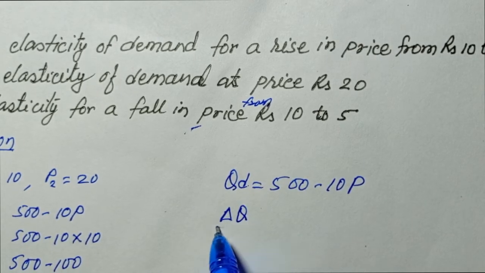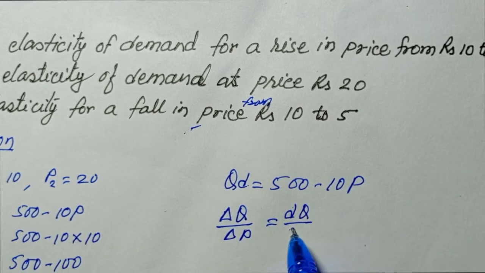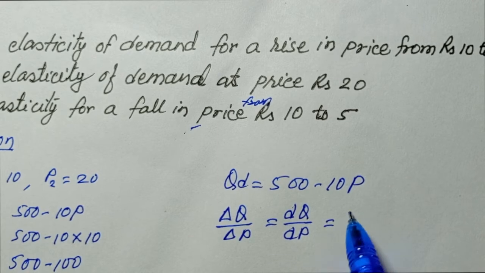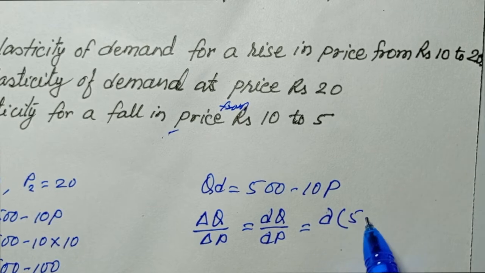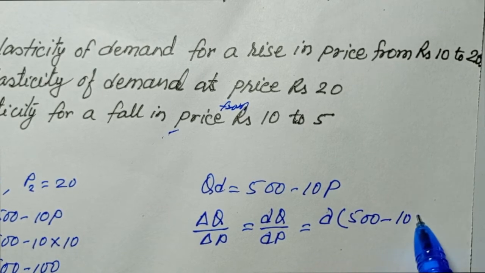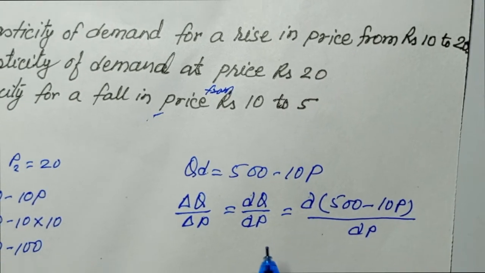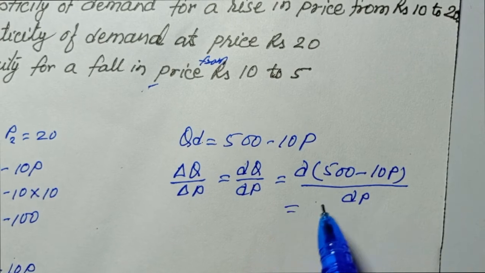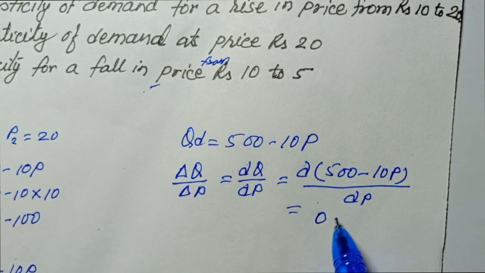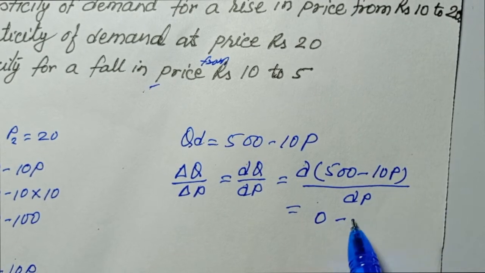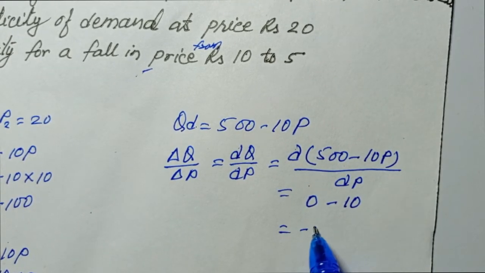delta Q by delta P, which is equal to dQ by dP, and in place of Q you should write the demand function 500 minus 10P, and here dP. You should find out the derivative of this demand function, and for the constant value the derivative is 0, minus, and its derivative is 10, which is equal to minus 10.